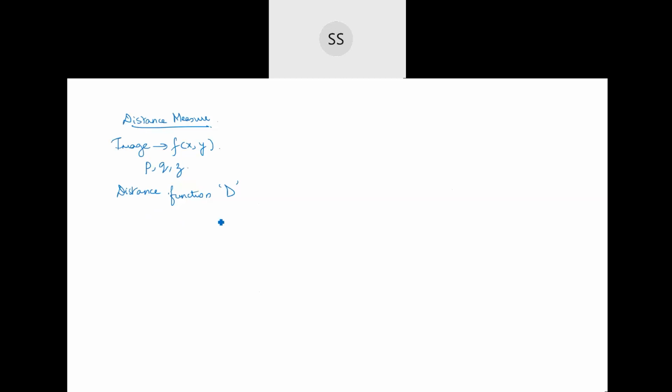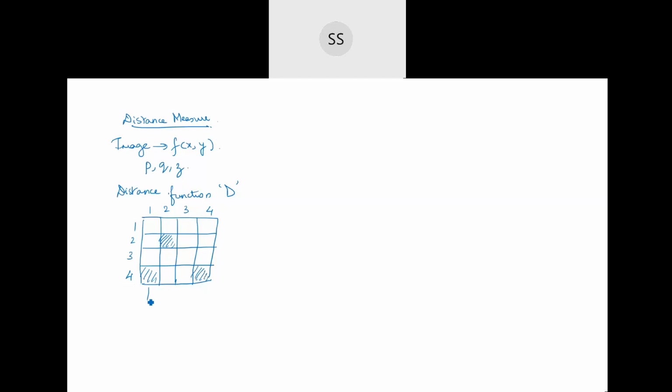Now imagine I have something like this. I can call it a 4 by 4 matrix of image I'm going to consider. A 4 by 4 image I have taken, in which this part is chosen. I'm taking a pixel at this particular coordinate, and I'm taking a pixel at this particular coordinate.